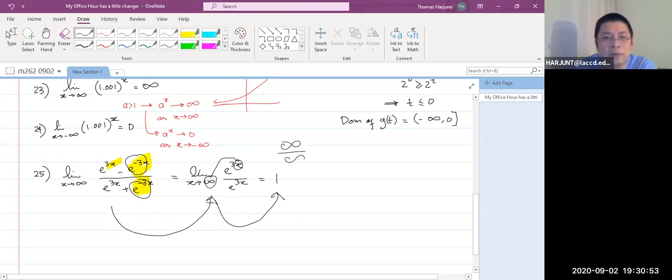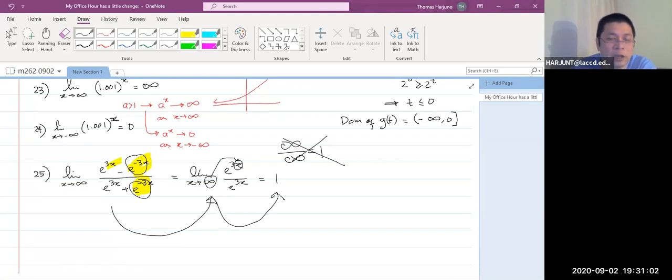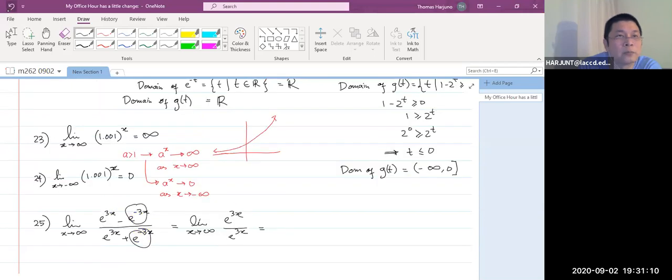And you are saying infinity over infinity is equal to 1. That's not true. Infinity over infinity is not 1. It's actually undefined. We don't know which one is larger. So this method of showing work is very, very incorrect. So how should I do that, Thomas?